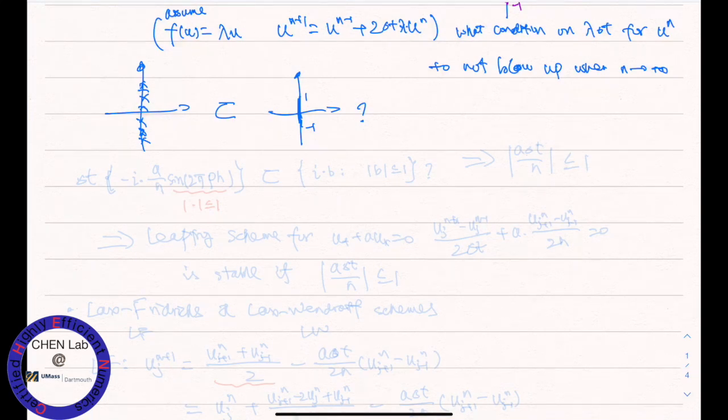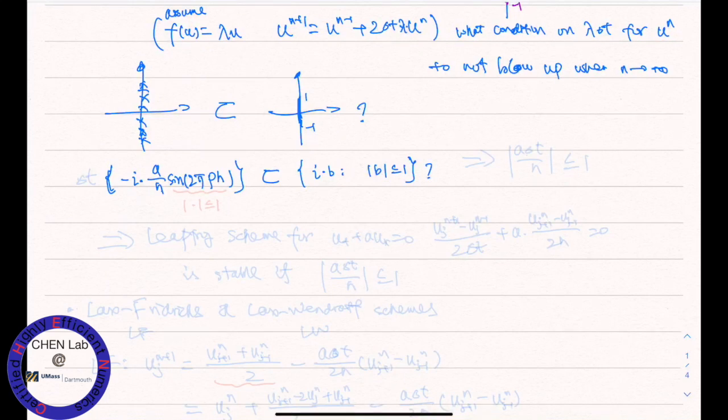In our last video, we concluded that these are negative i times a over h times sine of 2 pi p h, contained in i times b, where b is less than or equal to 1.